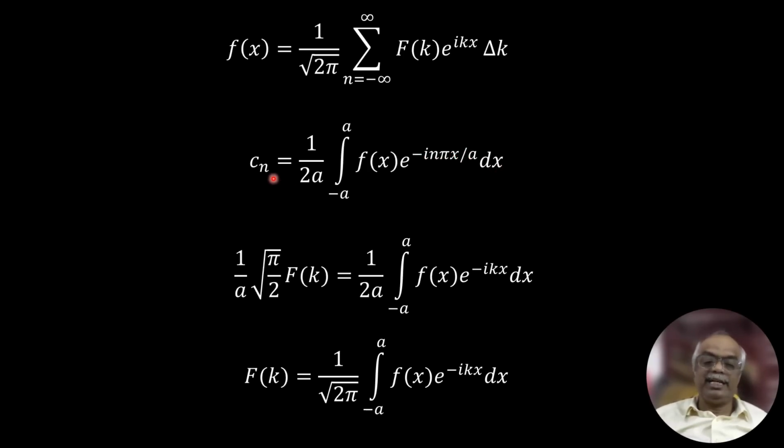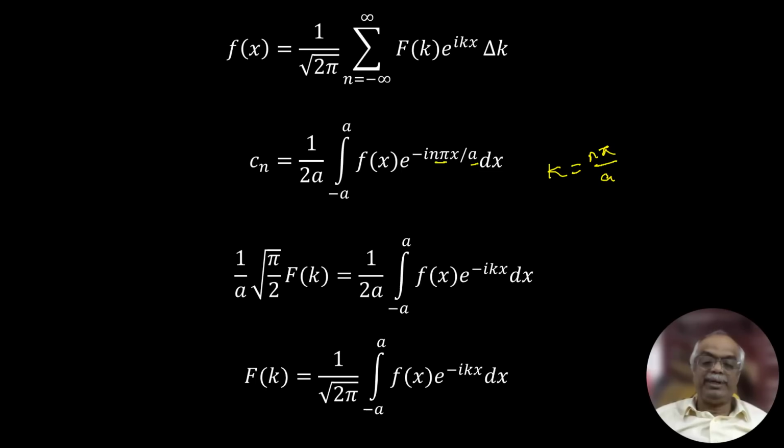Now Cn is given in this problem as 1 over a square root of pi divided by 2 times capital F of k, and this you take as it is, except here we are taking k as n pi by a. You replace n pi by a as k. So this will become e power minus i kx dx. Now you bring all other things here.